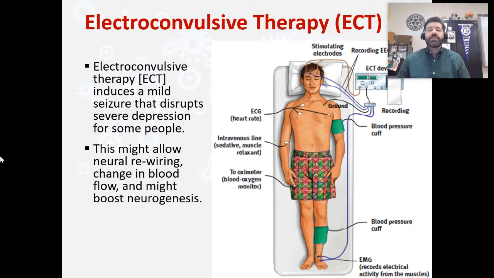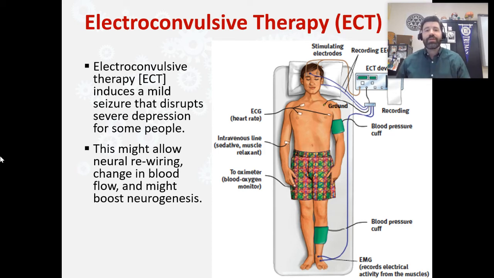What ECT does is electroconvulsive shock therapy is going to send a mild electric pulse through the hemispheres of your brain, which has been shown to alleviate some cases of severe depression in people. Now, we're not exactly sure how this works, but there are some theories as to how it works. One thing we've found is that it helps with neurogenesis or the creation of new neurons.